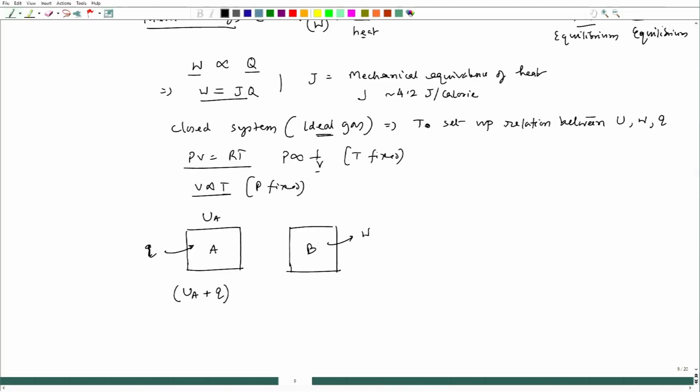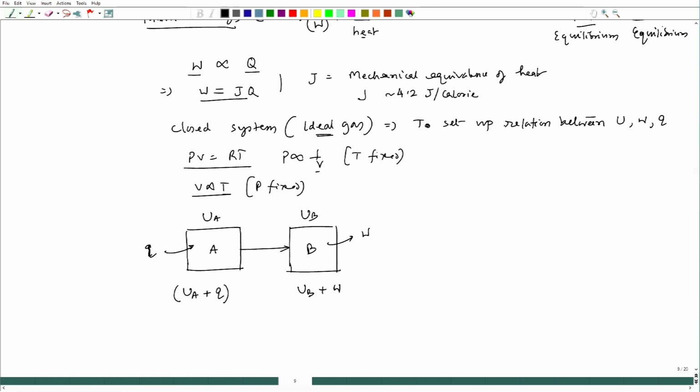Let us say that work is W, and the state B would have internal energy U B. So the total energy of state B would be U B plus W, because the work is done at the expense of some energy of the system, and because of that the internal energy also changes.